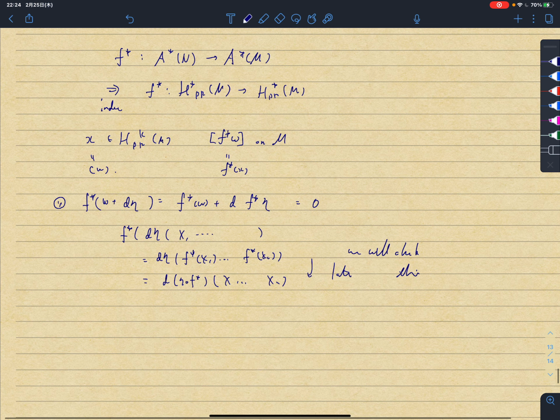This is Proposition 2.1, which we will check later: d f^* omega equals f^* d omega.